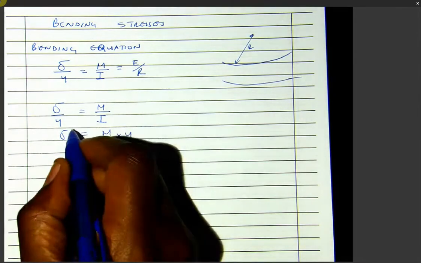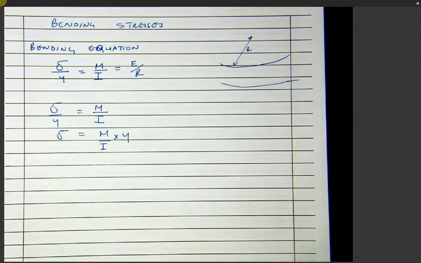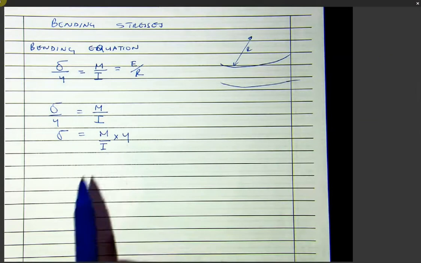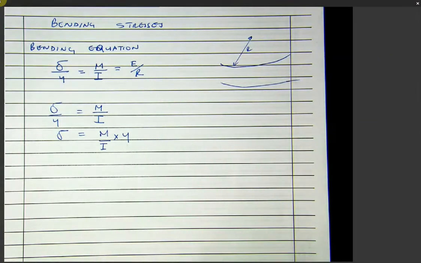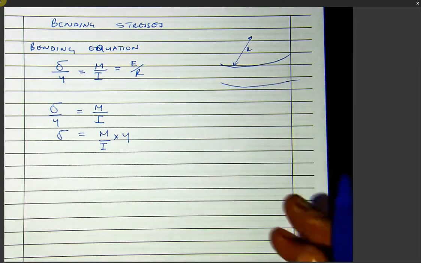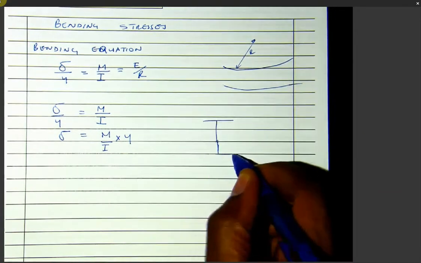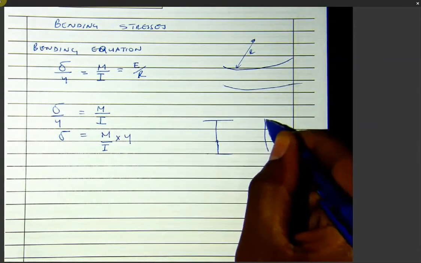So already to calculate the bending stress, remember I said this is your y bar. So we'll calculate the bending stresses at the extreme ends of the cross section. I'm gonna take an I section, for example. So your bending stress is always something like this.